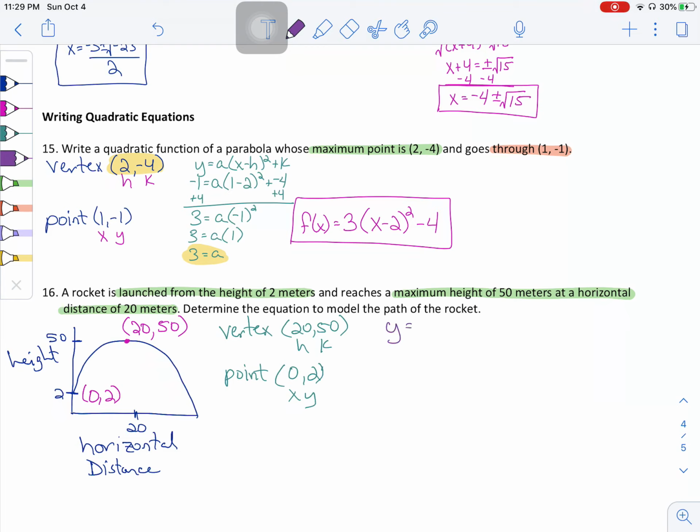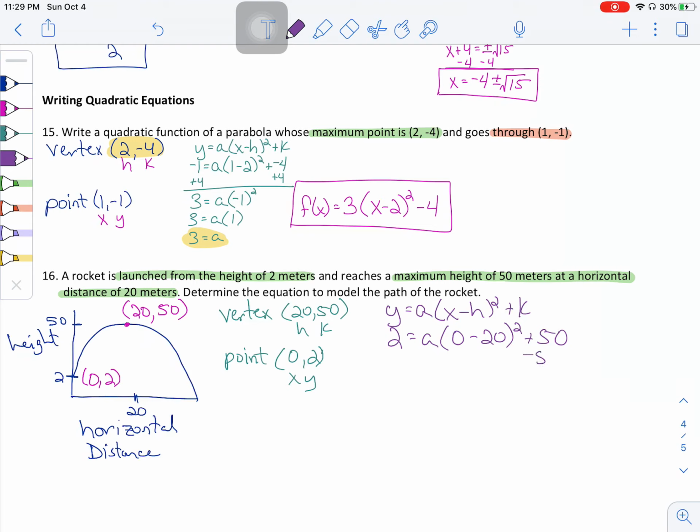So we're going to use that same vertex form, y equals a times x minus h squared plus k, and replace what we know. All right, y is 2, x is 0, minus 20 squared plus 50. Okay, I want to solve for a. So I'm going to subtract 50 from both sides. So 2 minus 50 will be negative 48. Inside the parentheses, 0 minus 20 is negative 20.